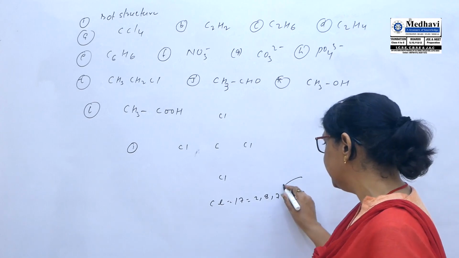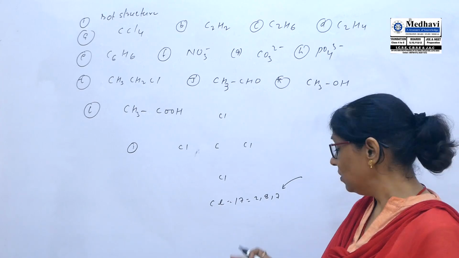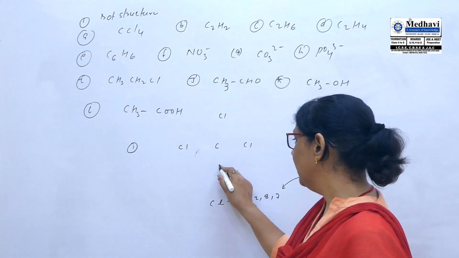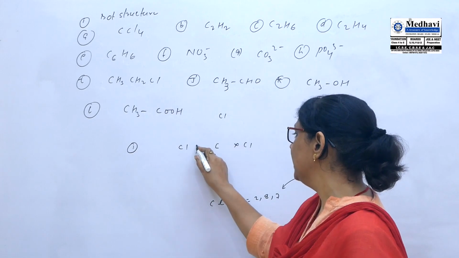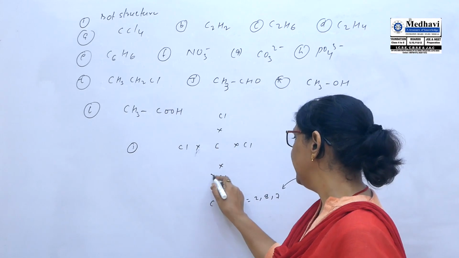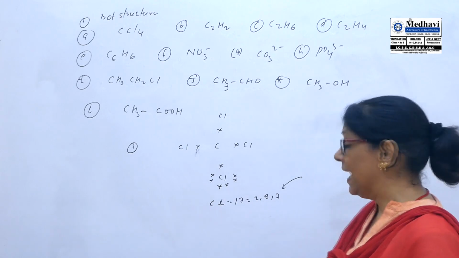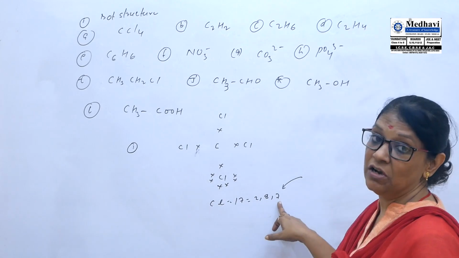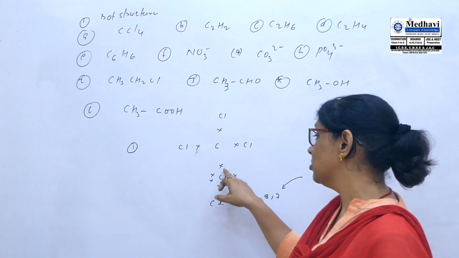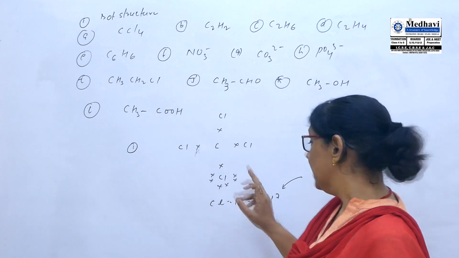To fulfill its octet it needs only 1. So out of 7, 1 will be between carbon and Cl and the remaining 6 will be outside. As many electrons as are required to fulfill the octet must be kept between the two atoms.